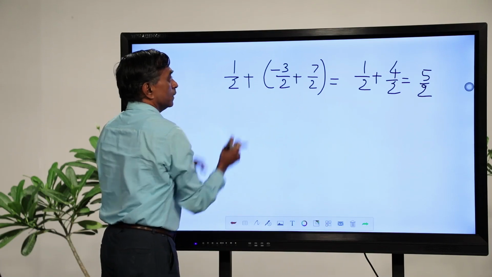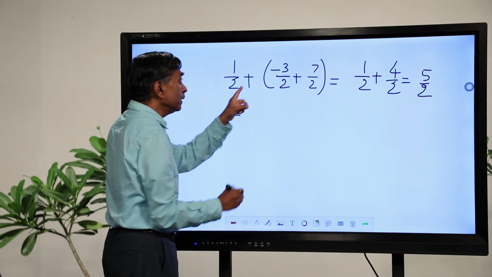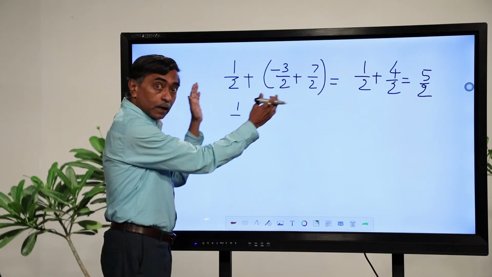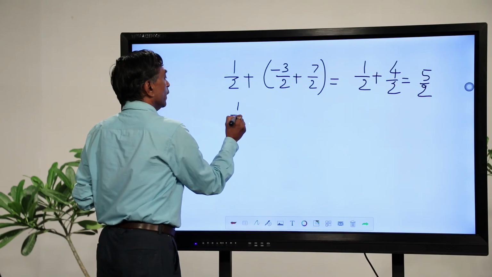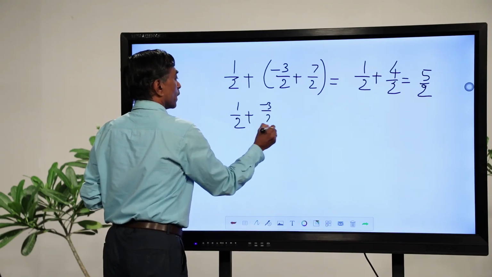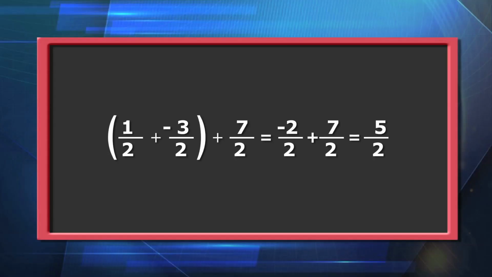Now, shift this bracket here, that is, take the other way of combining the numbers, retaining their order the same. Retaining their order, we will combine the numbers in a slightly different way. So, 1 by 2 plus minus 3 by 2 plus 7 by 2 is equal to minus 2 by 2 plus 7 by 2, and so finally what do you get? 5 by 2 again.